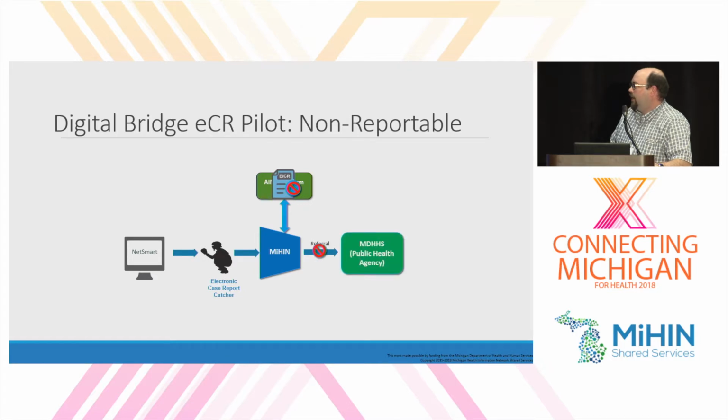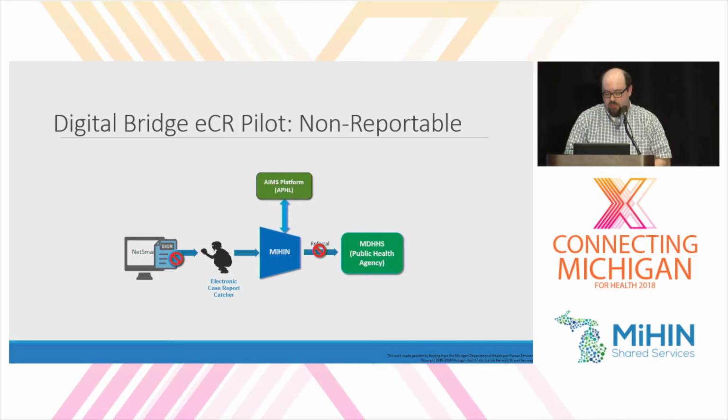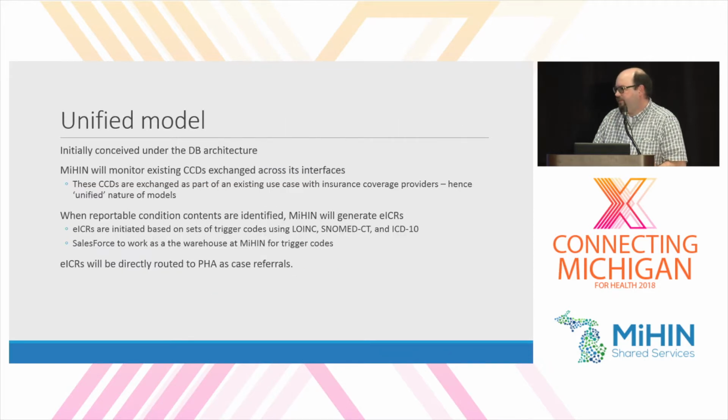So we're not going to send it to public health, and we're just going to send a reportability response back to the NetSmart program to let them know that we didn't report it. So, hey, it doesn't count, it doesn't report, don't look for it in there. And of course, okay, here's the last portion of the animation there. So that's kind of the first part of the idea.